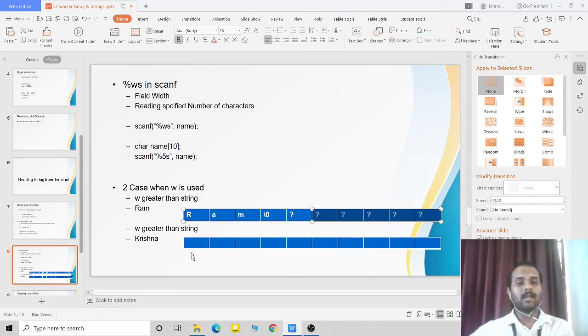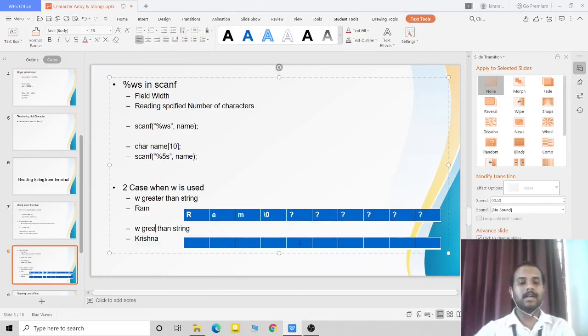Okay, but what about Krishna now, where W is lesser, right? Lesser compared to Krishna, because Krishna has 7 characters, K R I S H N A, but what about W? W is 5 only.